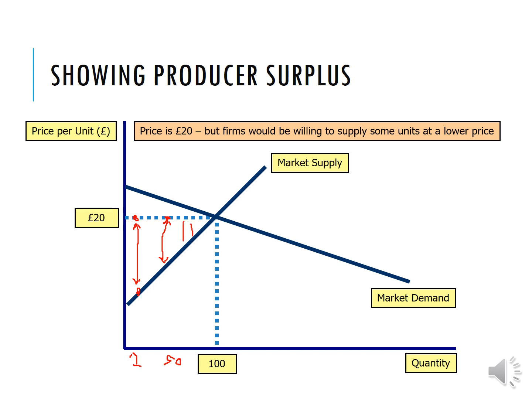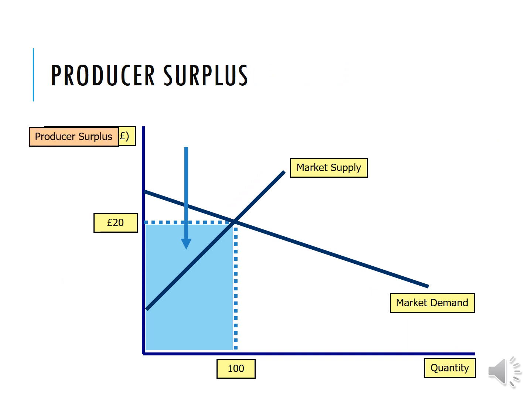If we do it for all of the units, we get an area that ultimately represents the surplus or the value to the producer. So this area here represents the producer surplus. The total producer surplus is represented by the area between the supply curve and the current market price.